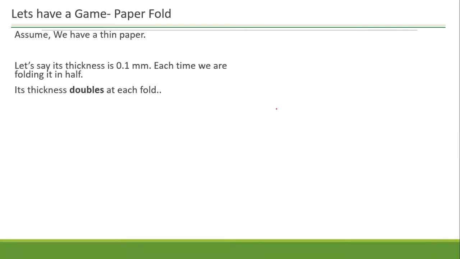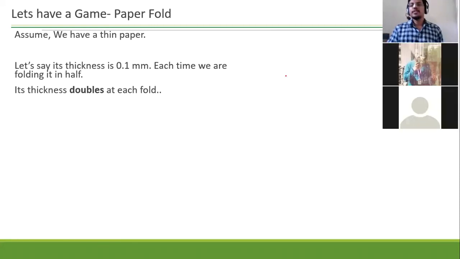Everyone, if you have one paper, any paper, you can take that. Okay. So for just understanding, I'll switch on my video. For this activity, let's say this is one paper, correct? And let's assume the thickness of this paper is 0.1 mm. Okay. Agreed? 0.1 mm.